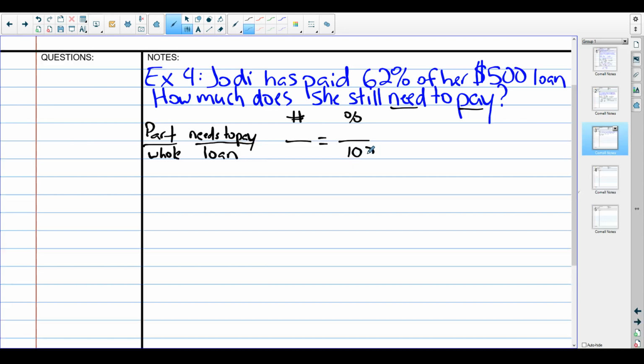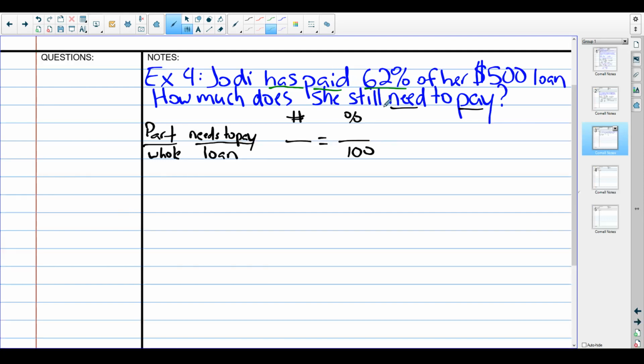This is 100% here. So what we did differently, because it tells us 62%, right? That's the percent given, but that says what she has paid, which is different from what it asks us for, which is how much does she need to pay. So what if instead of subtracting at the end, we did it at the beginning?